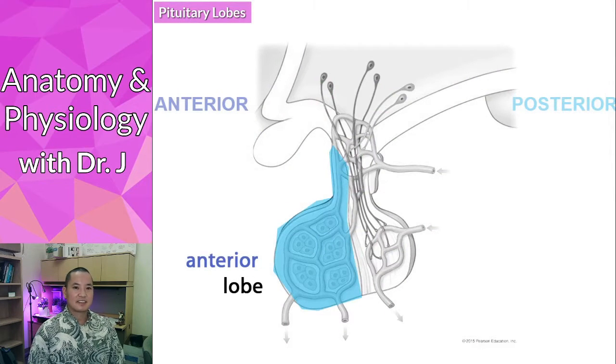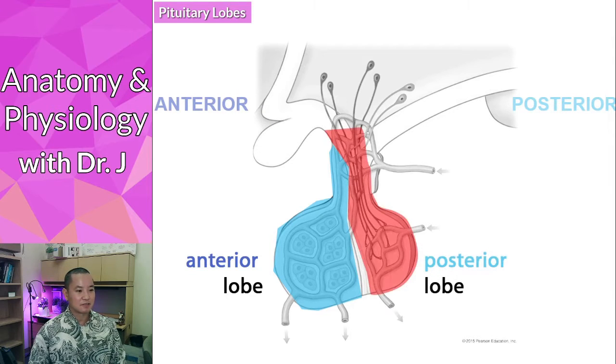So we talked to an extent about the posterior pituitary lobe and the hormones that are secreted by the posterior pituitary. There are two main lobes to the human pituitary gland, the anterior lobe and posterior lobe.